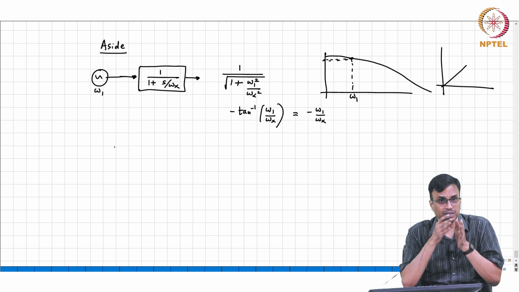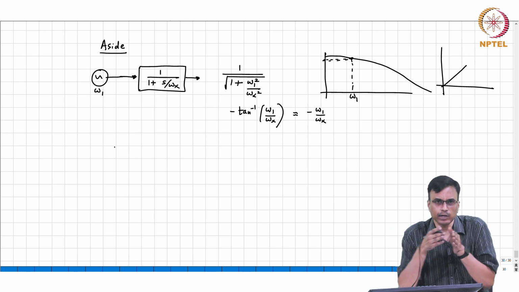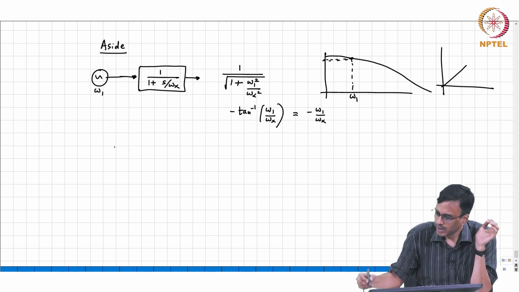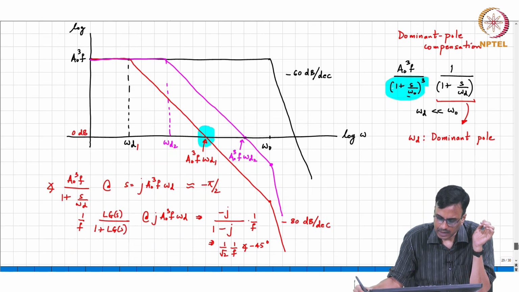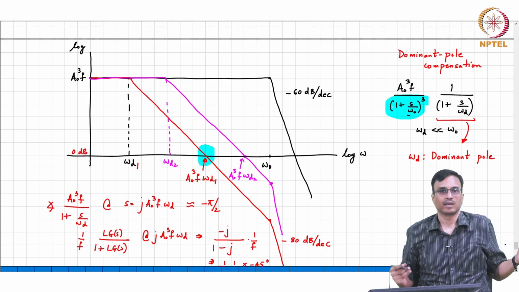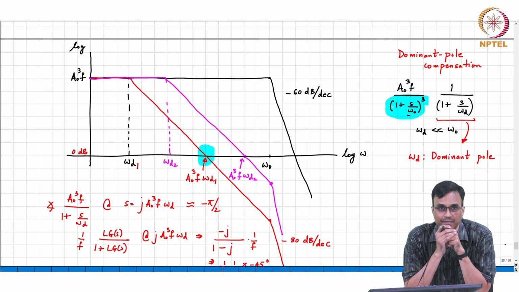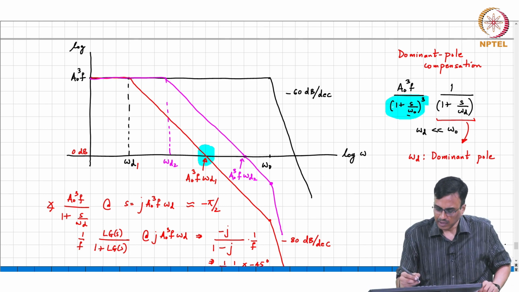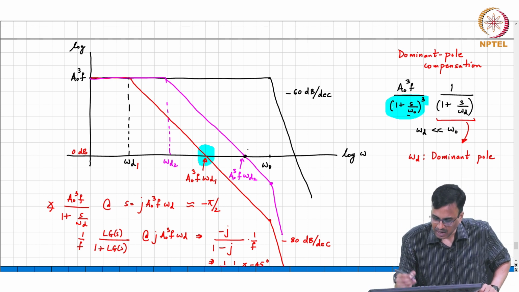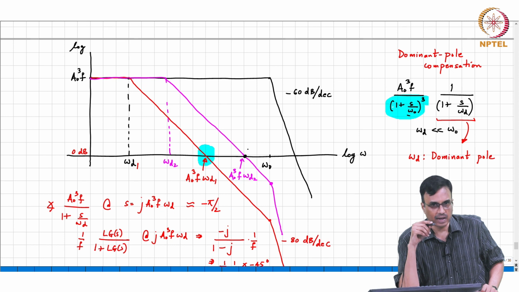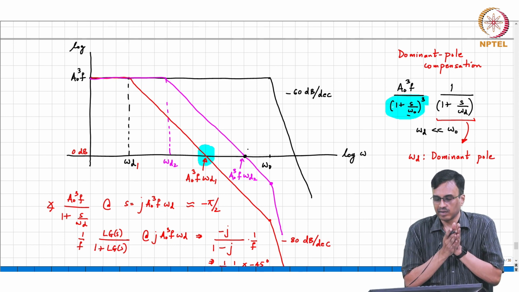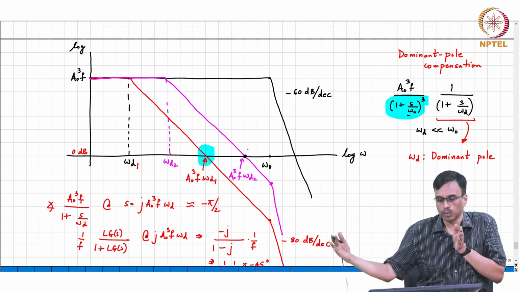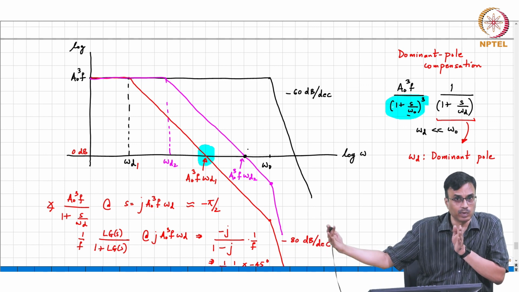So, the effect of these higher poles on the magnitude occurs only at omega naught, but the effect on the phase occurs at a much earlier frequency. Basically we want these higher order poles to be far away from the unity gain frequency.